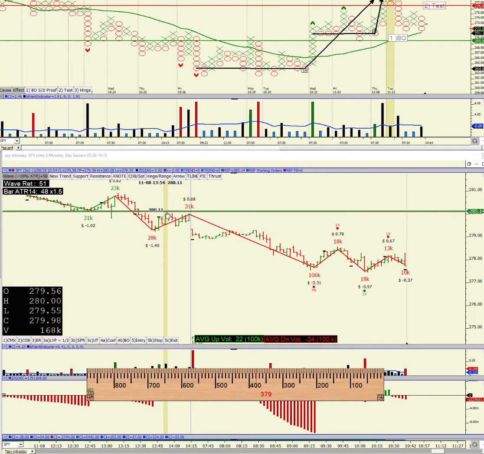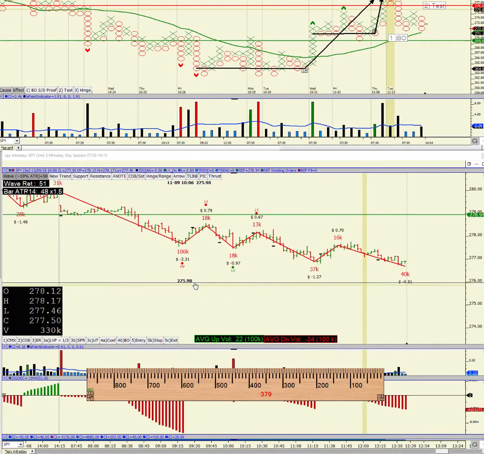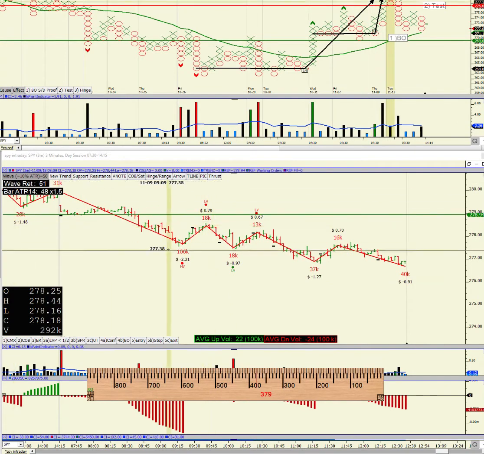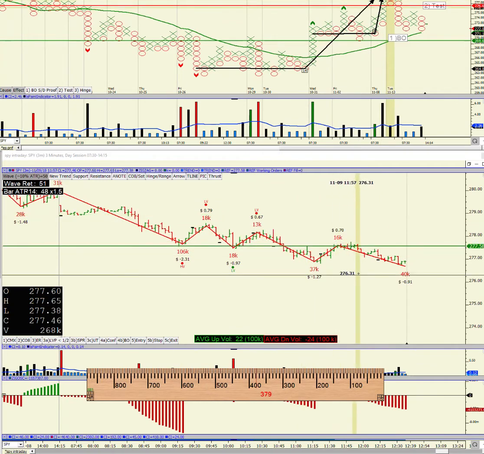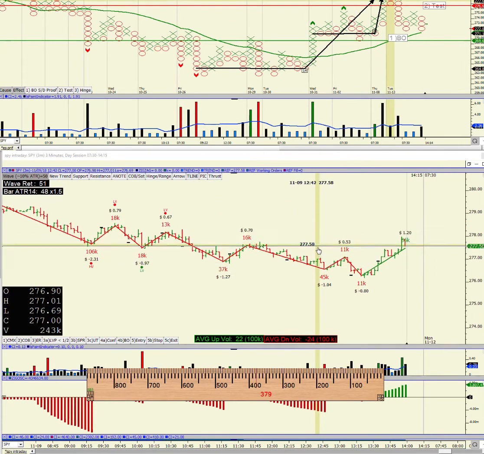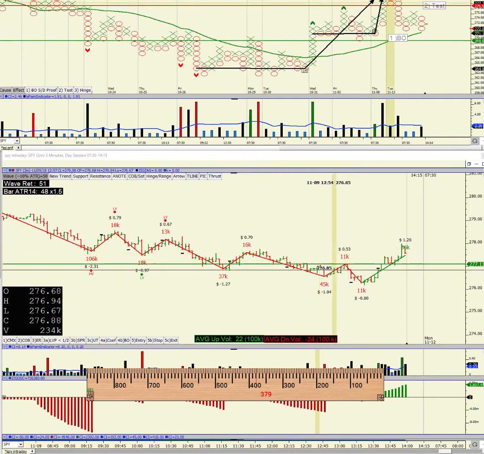You have about 50%. This is actually weak. It didn't even come back up. So this is weakness because the retracement is less than 50%. This retracement should be about 50%. This retracement should be about 50% maybe, like right there.